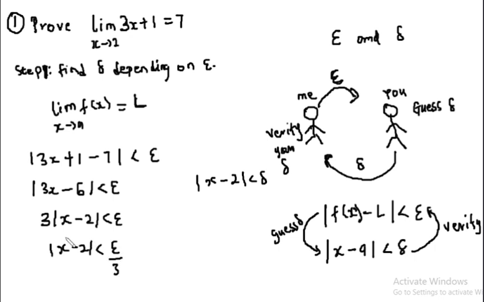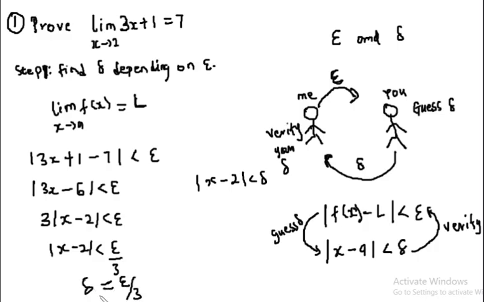If you notice, this absolute value term here looks like this absolute value term here. So we've succeeded in transforming this one to this one. Now the guess is that if you liken this one, epsilon over 3, to this one, delta is equal to epsilon over 3.